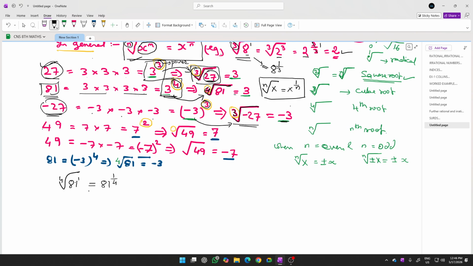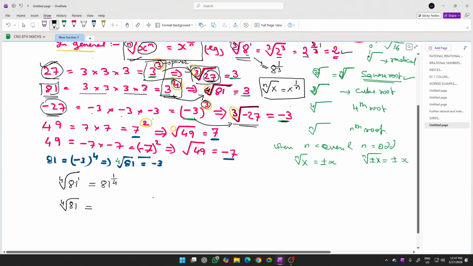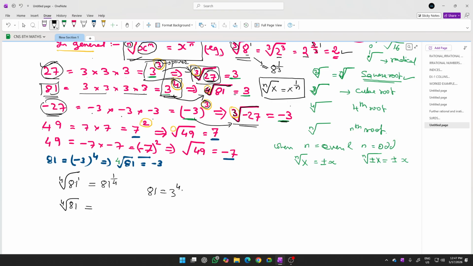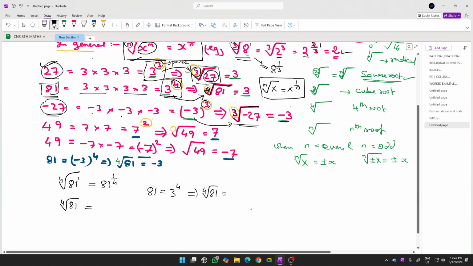But if you say fourth root of 81, what is the value of this? 81 is 3 raised to 4, that is 3 multiplied 4 times. So if you want to convert it and write fourth root of 81, then that will be equal to 3.